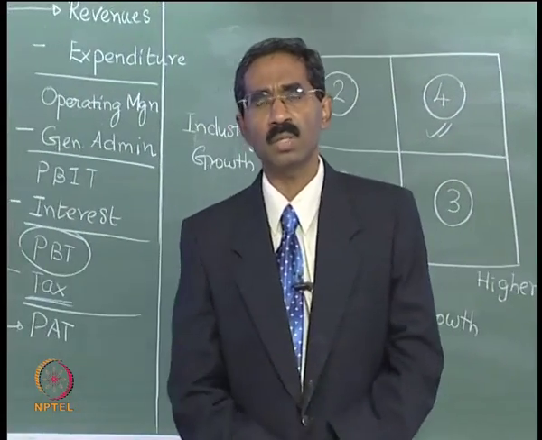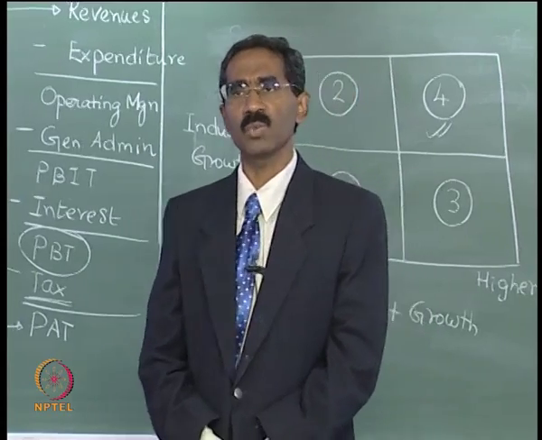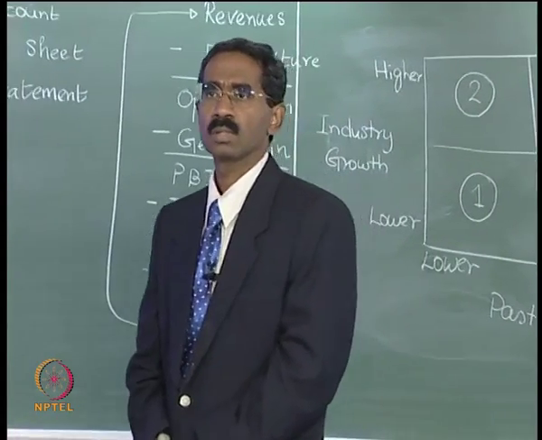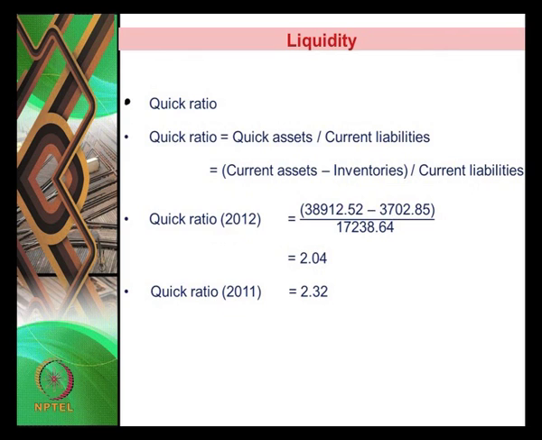So, let us calculate the quick ratio of NTPC for 2012. The quick ratio is quick assets by current liabilities. Quick assets is nothing but 38912.52 crores, which is the total current assets. From that we subtract the inventories, which is 3702.85, and then we divide the amount that we obtained by the current liabilities.